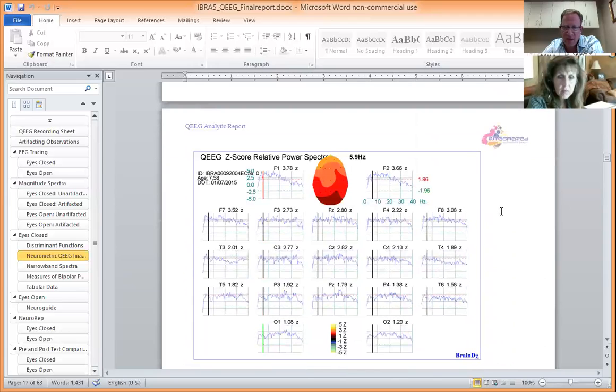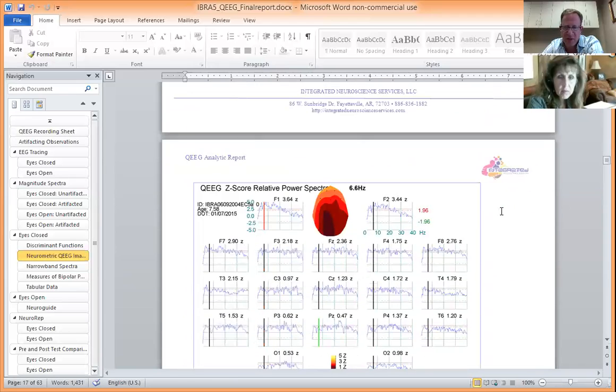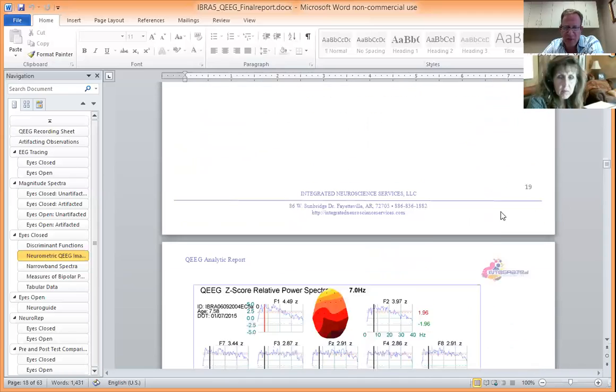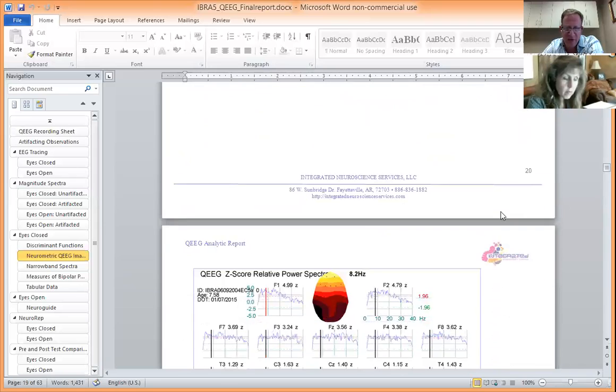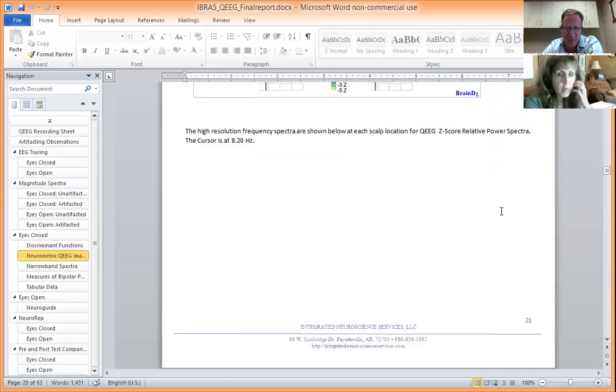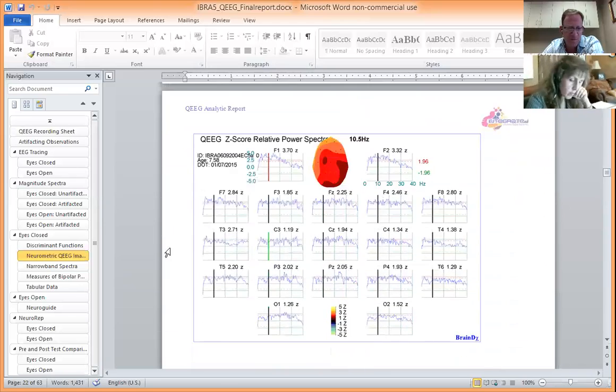And then the same at 6 hertz and beyond, all the way up to about 7 or 8 hertz. So that's still the major problem area, it looks like.